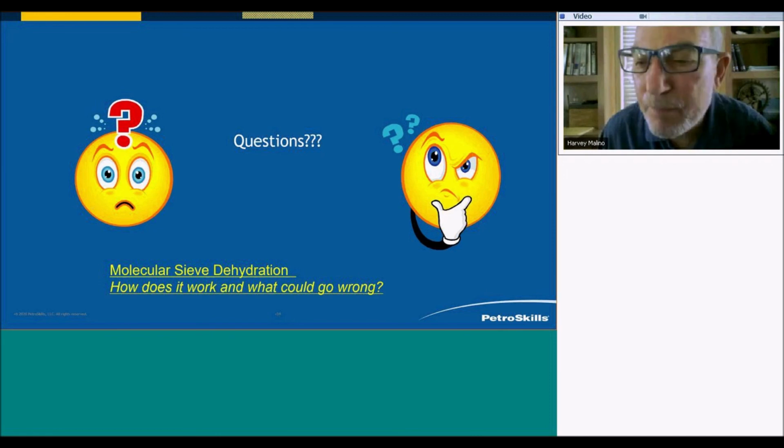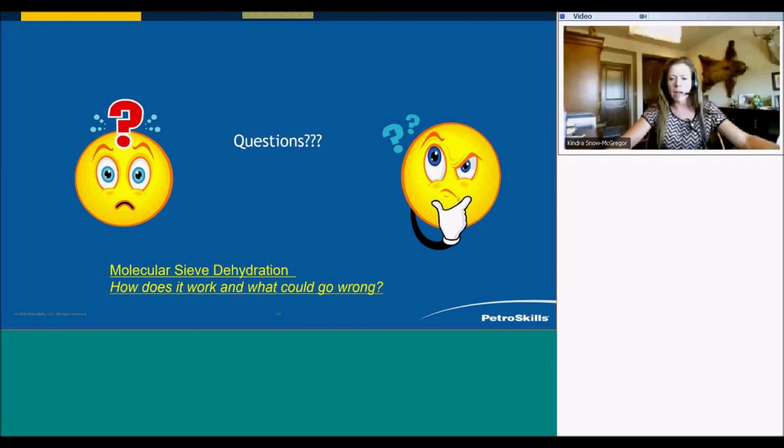So Harvey, one of the reasons I've seen people moving this direction is the issue with methanol contamination on the 4A sieve.